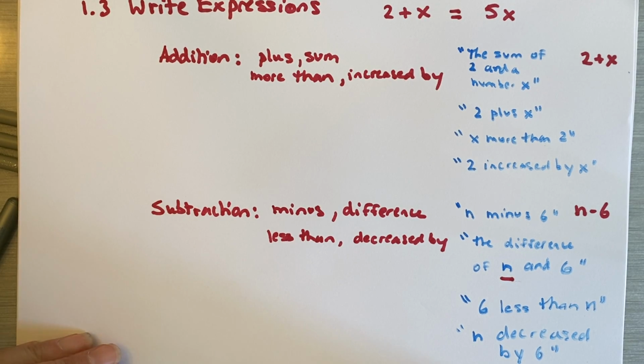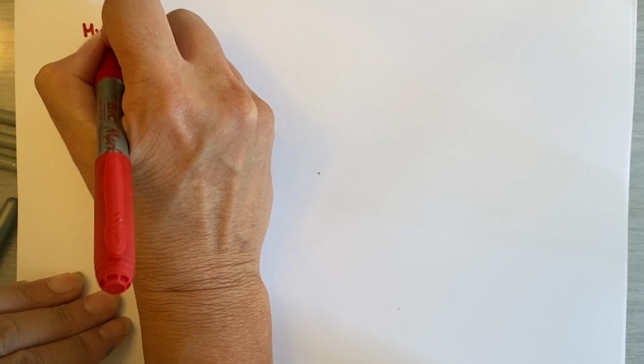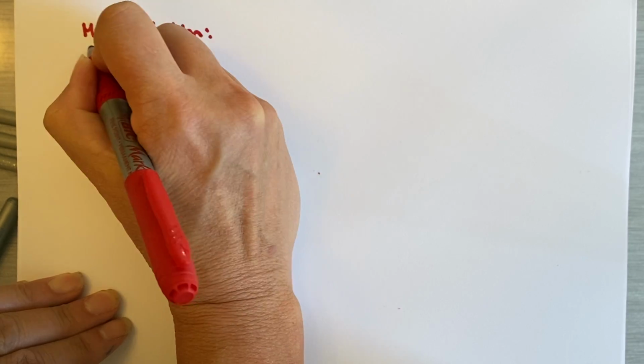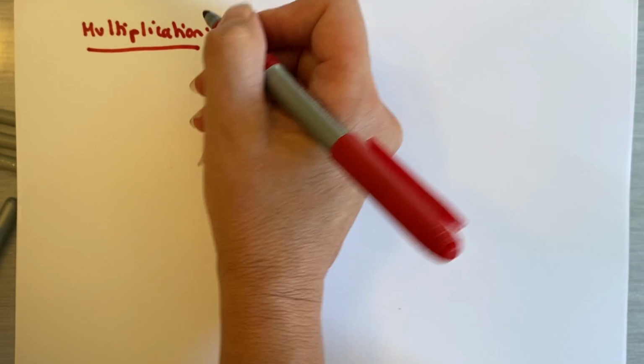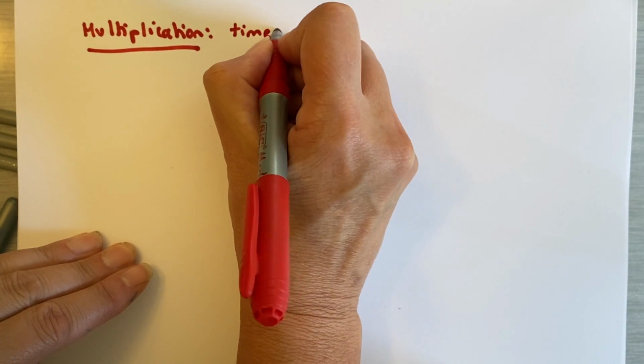Let's move on to multiplication and division. I'll turn this over because sometimes I end up with the marker going through my papers. Multiplication. What are the words that are used for multiplication? Times.